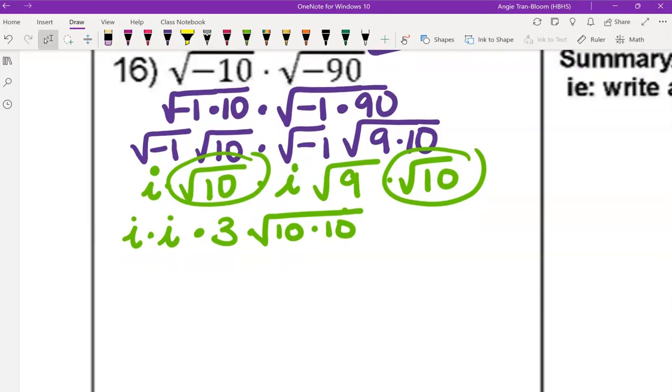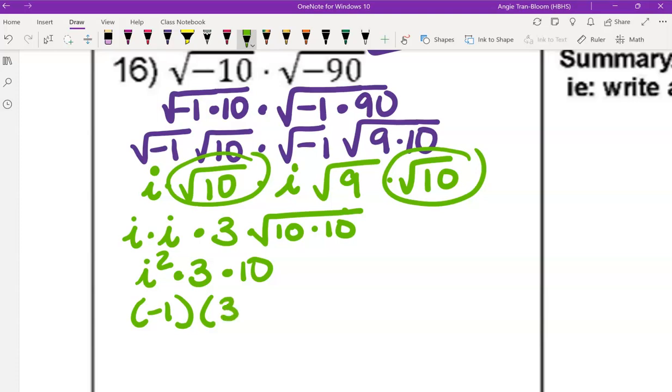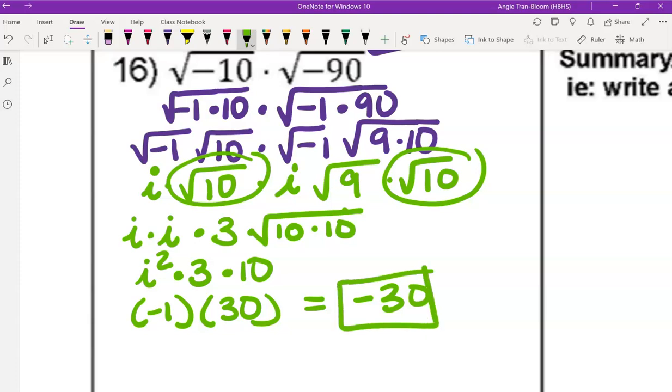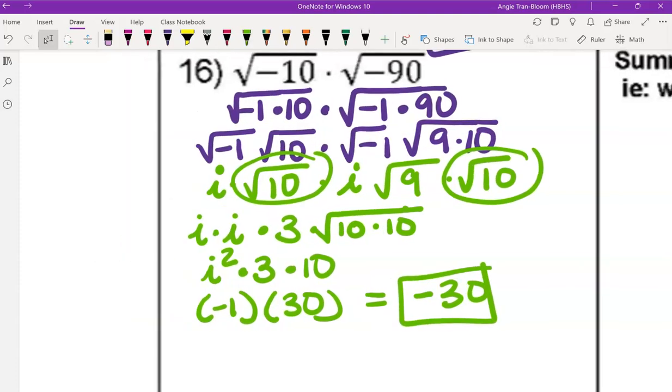Well, we know square root of 10 times 10 is square root of 100, which is back down to 10. So i squared times 3 times 10. And i squared is negative 1. 3 times 10 is going to be 30. So students, your final answer is negative 30. As you can see, you don't have any i's left in here, okay?